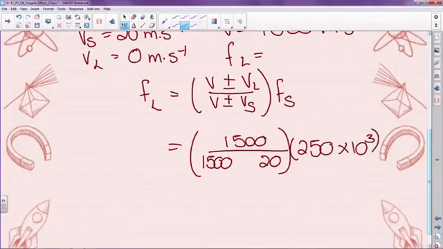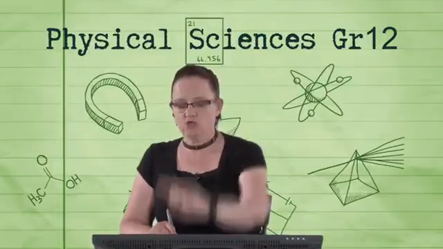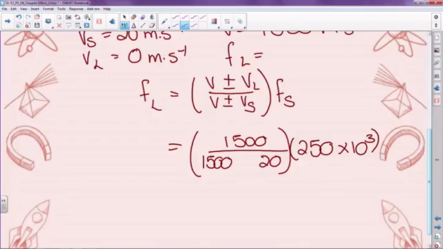Now we say to ourselves, okay, the dolphin was moving towards the rock. If it's going towards the rock, my frequency must increase, so I must have an answer bigger than 250,000. That means inside my bracket, my answer must be bigger than 1. So I must divide 1,500 by a number smaller than 1,500, so I'm going to minus.